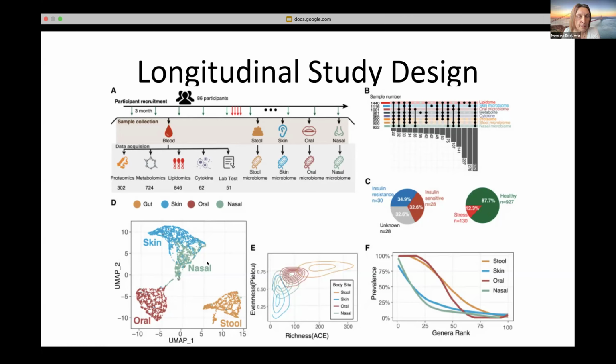As you can see from this figure on the UMAP analysis, for the skin and nasal there is not a very specific boundary, because nasal is definitely also partly skin, but it's kind of a protected cavity.